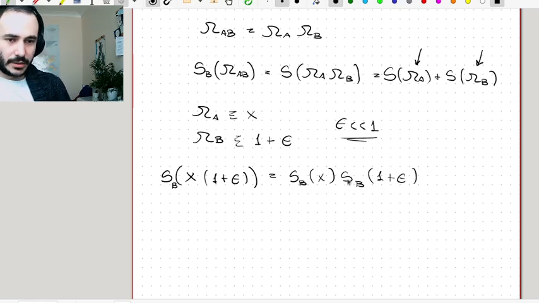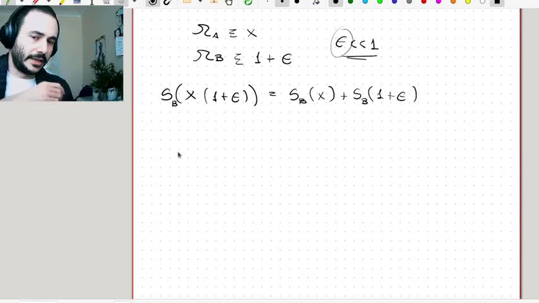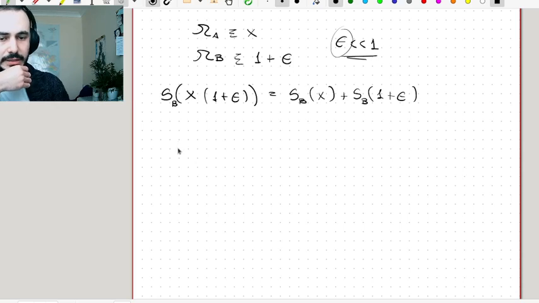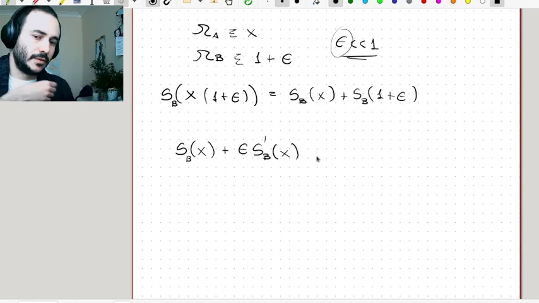What we want is, sorry, this is not what we want. We want that this adds up like that. Okay. So now I'm going to do a Taylor expansion, because I said before that this epsilon is a very small number, so I could make a Taylor series and stop at any given finite order. Let's do this on the left hand side. What you get is S of x, that's for epsilon equal to 0, plus epsilon S prime evaluated at x, and then plus terms of order epsilon squared, which are very small.